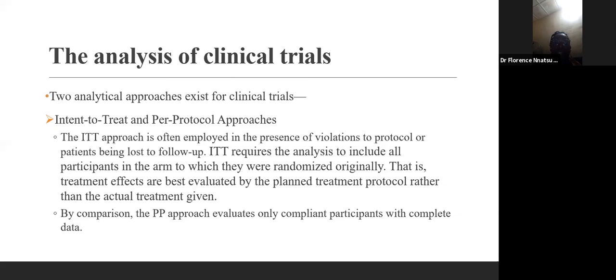ITT requires the analysis to include all participants in the arm to which they were originally randomized. That is, treatment effect is best evaluated by the planned treatment protocol rather than the actual treatment given. By comparison, the PP approach evaluates only compliant participants with complete data.